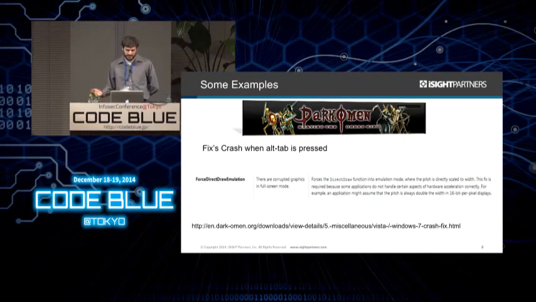And the particular shim that they used here was something called forced direct draw emulation. The purpose of this is just to force the direct draw function into some emulation mode. I don't really understand it. It's not important. But there are hundreds and hundreds of different shims, and these guys had some random graphics crash when doing Alt-Tab, so there's a fix for that.